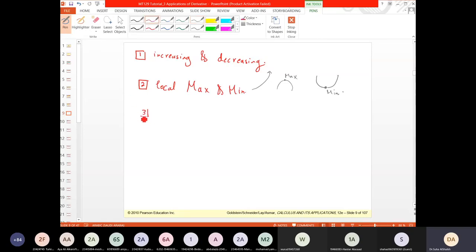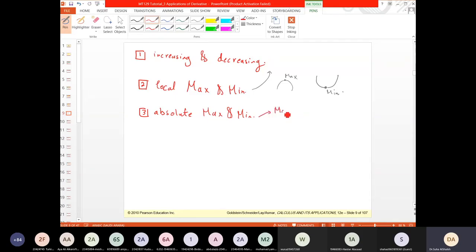And number 3, we have the absolute max and minimum points. We say that the absolute maximum is the highest point. Minimum is the lowest point.